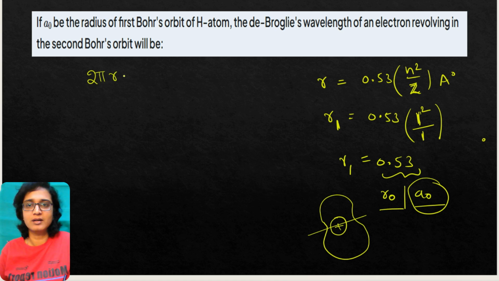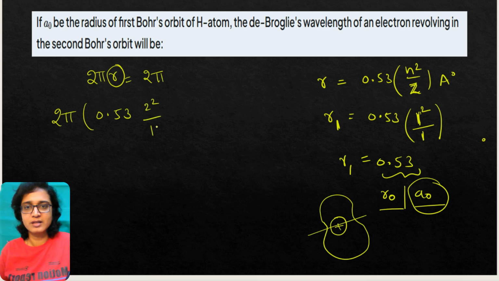Here the radius of the second Bohr orbit, I'm writing directly, 0.53 into n square divided by z angstrom units, and that will be equal to 2 pi.